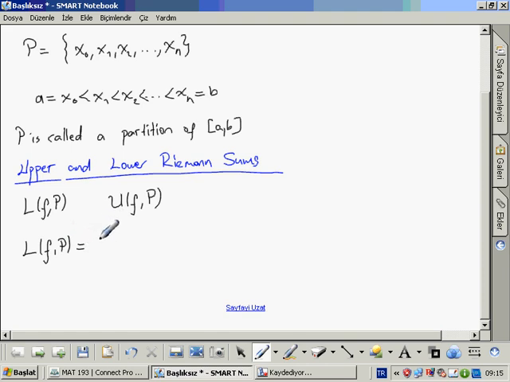It equals f of L1. That means the lower value of that interval. Which interval? The interval is [x1, x2], okay? On this interval, the lower value will be L1 and the upper value will be U1, okay? And delta x1 plus f of L2 times delta x2 plus it goes on like that, and f of Ln times delta xn, right?